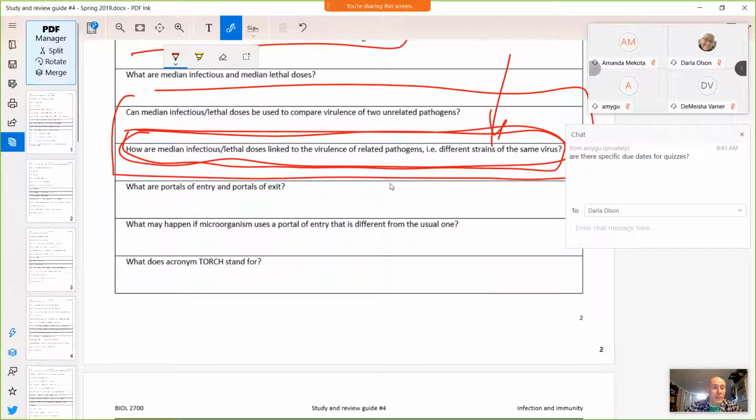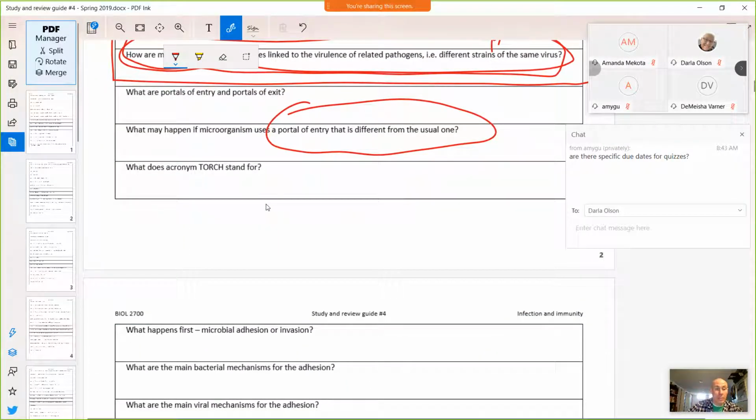What happens if a microorganism uses a different portal of entry? Disease may not happen, or it may have a different presentation. Acronym TORCH stands for, you don't need to know what it stands for actually. You need to know that acronym TORCH refers to the pathogens that can be transmitted via the placenta.